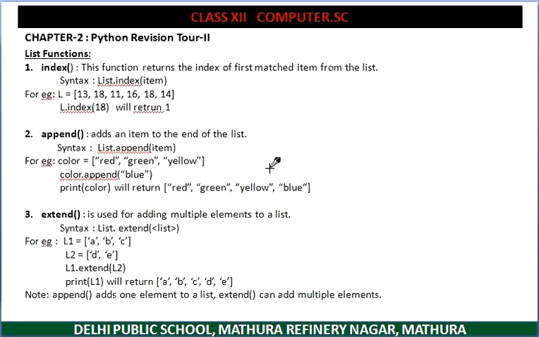Now extend. Extend is used for adding multiple items to a list. Syntax: list.extend(list). For example, L1 = A, B, C, L2 = D, E. If you write L1.extend(L2), it will add all the items of L2 in L1 and give the output A, B, C, D, E. So with the help of the extend function, you can add multiple items to the end of the list.